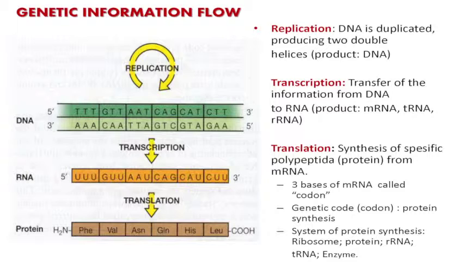Generally, genetic information flow consists of 3 steps, that is replication, transcription, translation. Replication, this is the DNA. You can imagine the double strand DNA is duplicated, producing 2 double helices. You can imagine when there is one bacterium, and this bacterium will replicate from one cell to be 2 cells.